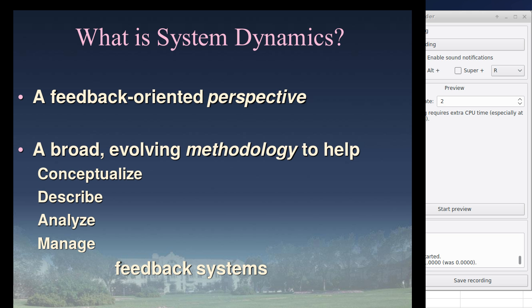But system dynamics basically brings a feedback-oriented perspective in understanding problems. It focuses on feedback, cases where a change ripples around and amplifies or pushes back against the original change. For example, I get hungry. That hunger motivates me to go eat. That lessens my hunger. That's what we call balancing feedback.